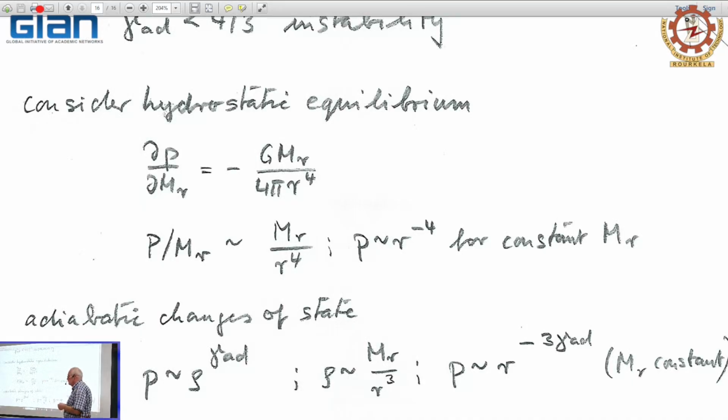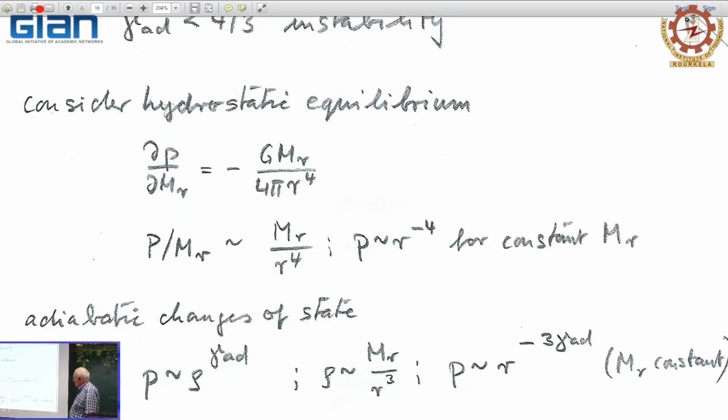This is derived from the thermal equation. The first is mechanical equilibrium, and this is the thermodynamics, which gives us the dependence of the pressure on density. Now, estimating the density by mass over the volume of the sphere, and keeping again the mass fixed, the pressure will rise, once we have an adiabatic change of state, with the radius to the power minus 3 times gamma adiabatic.